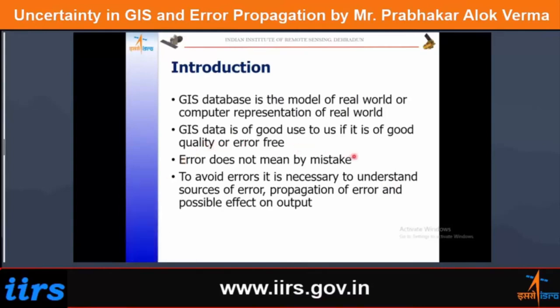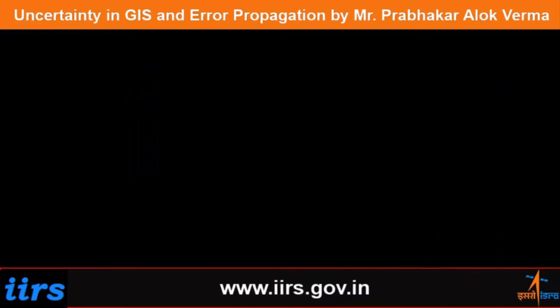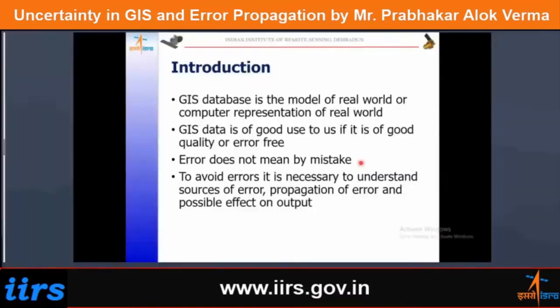There can be situations where error is introduced in the database because of natural limitations, technological limitations, like we have seen in the previous lecture, vagueness and ambiguity, where we are not sure where the boundary of one feature is stopping and where the boundary of another feature is starting, because of randomness in natural phenomena and non-crisp boundaries of natural phenomena.